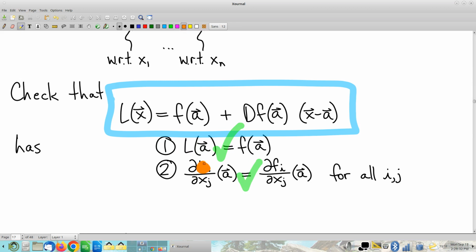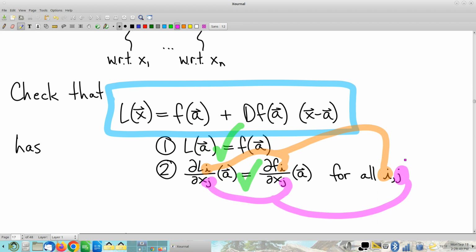There's a bunch of different output coordinates whose partials I need to take with respect to a bunch of different input variables. So there's, if you will, kind of n times m different partial derivatives that have to agree.